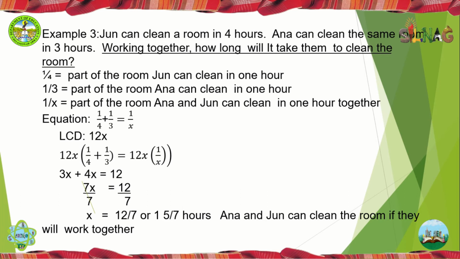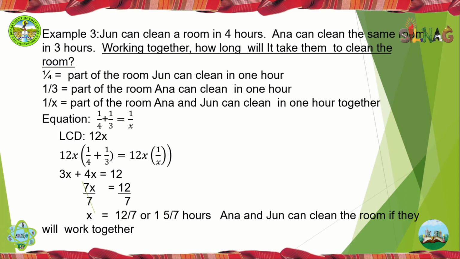So the LCD of the rational equation is 12X. And then now we multiply all members of the equation by 12X. So we have 12X times 1/4 is equal to 3X, because 12 divided by 4 is 3, times X is 3X. 12X times 1/3 is equal to 4X, because 12X divided by 3 is 4X, times 1 is 4X.